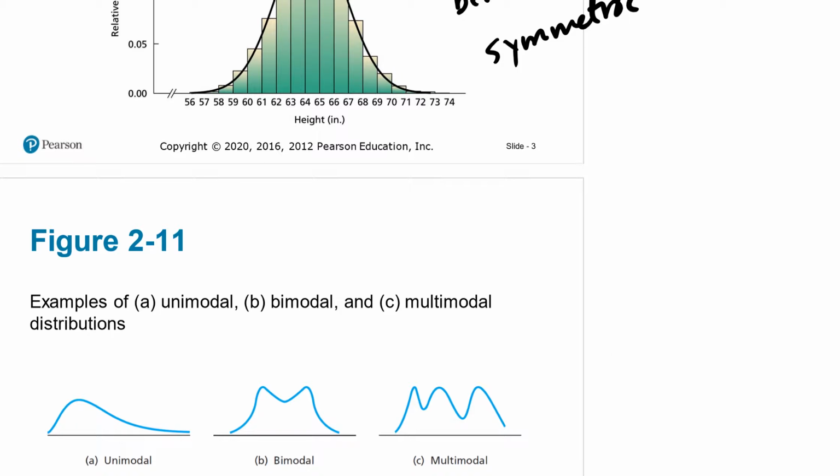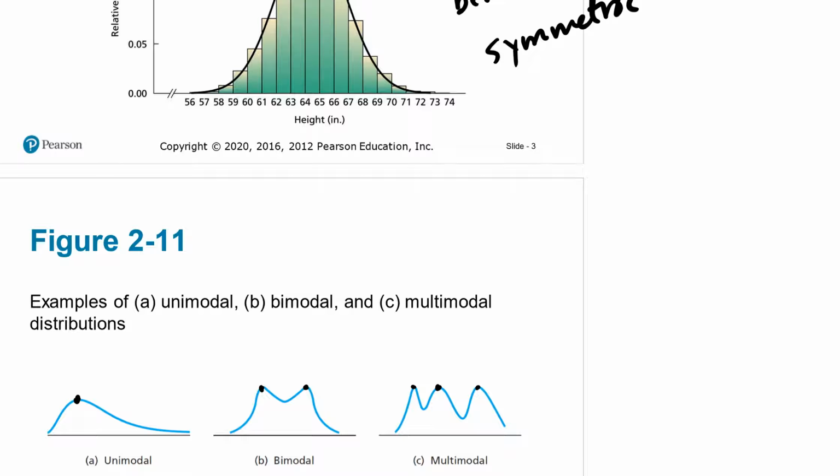The first part is called unimodal. Unimodal has one peak, as you can see. If it has two peaks like that, and they have the same height, that's called bimodal. If it's three or more, in this case we have 1, 2, and 3, that is called multimodal.